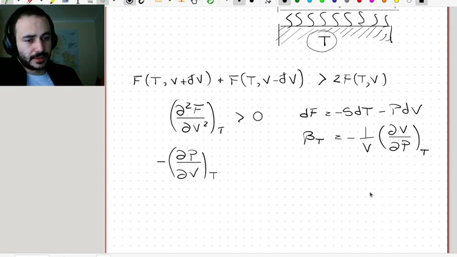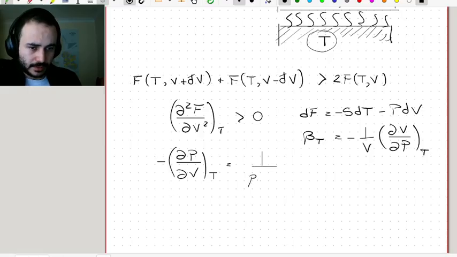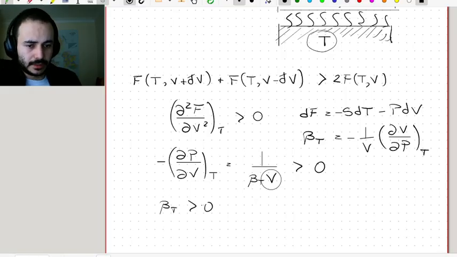That's the definition of it. So what we have here is just 1 over beta T times the volume, and we know that this is larger than 0.